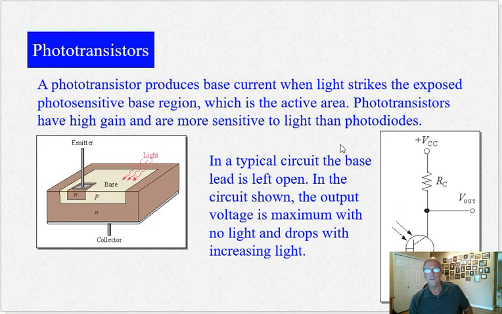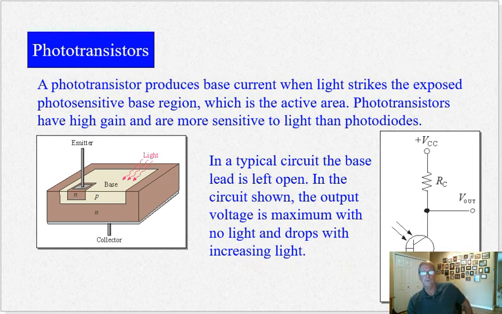A couple other special kinds of transistors is the phototransistor. Basically, it's a regular transistor, but they clip the base and then they put a piece of glass in front of the base, and as light shines into the base junction, it causes the collector emitter junction to conduct.